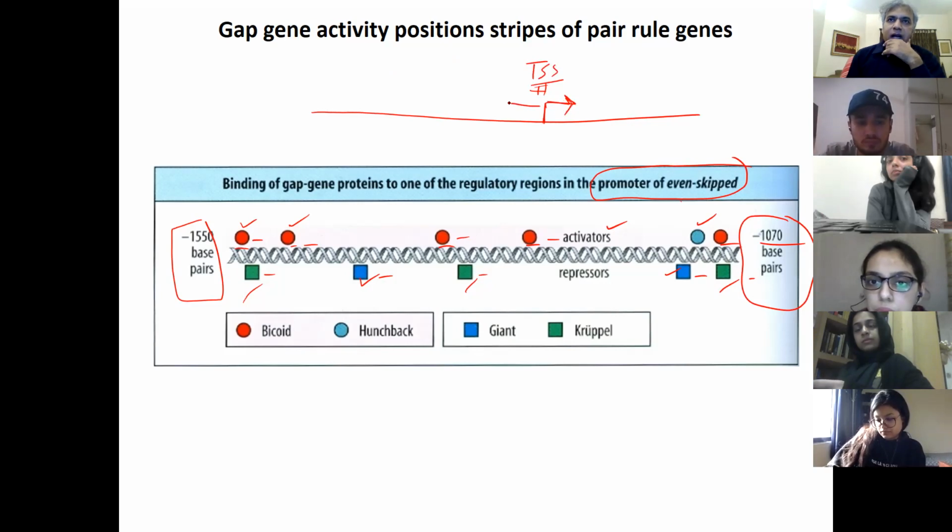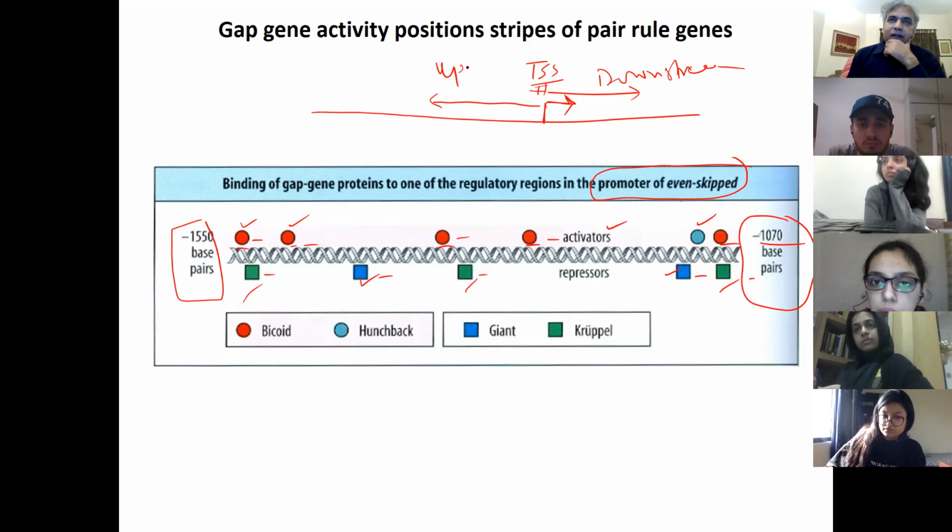Amina, anything above this is upstream, and anything below this is downstream. So this will be -1, -2, -3, -4, -5. You keep going.